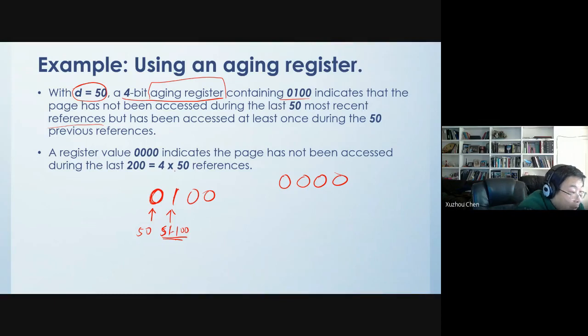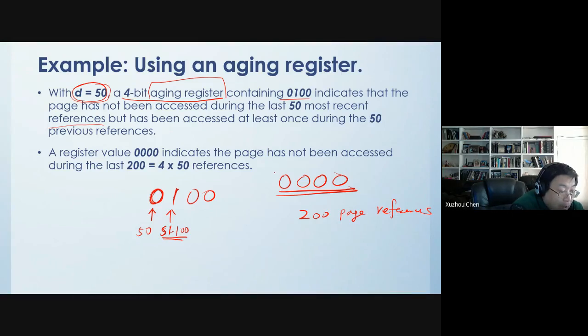Now with D equals 50, if the aging register is all 0, that means in the last 200 page references nothing has changed.